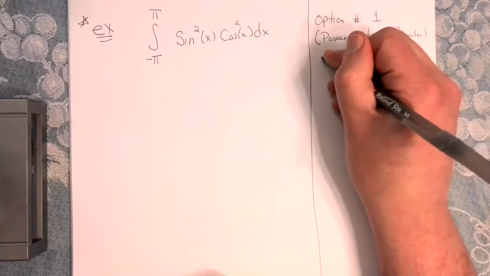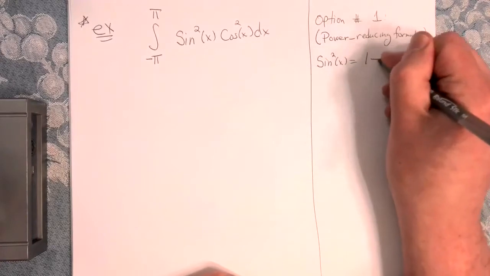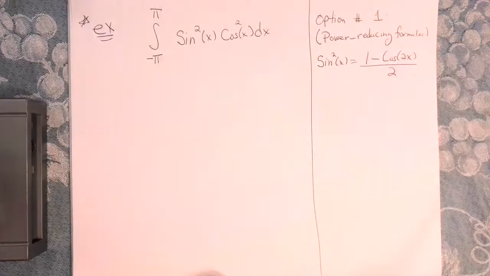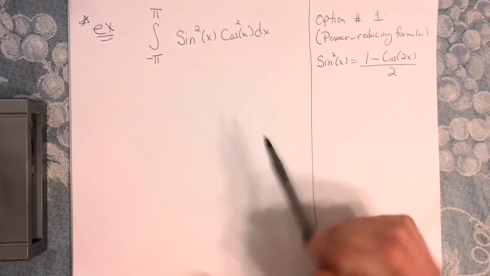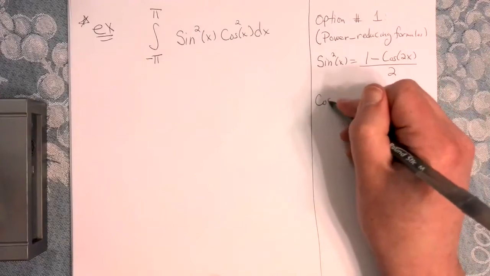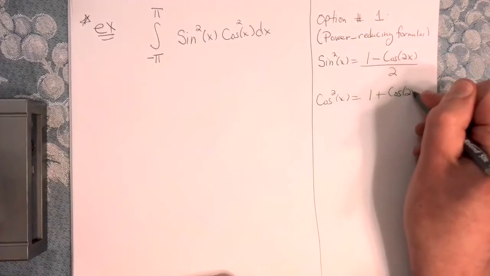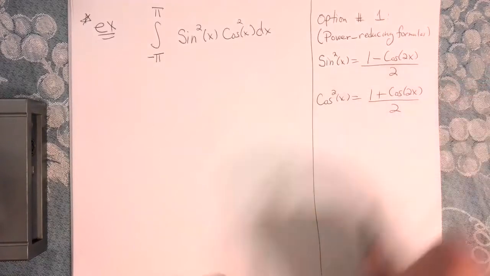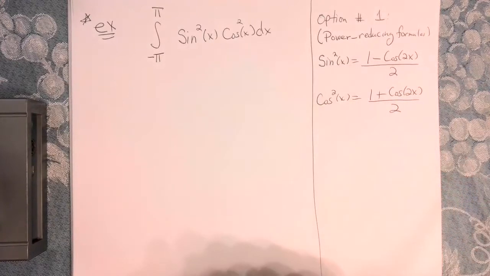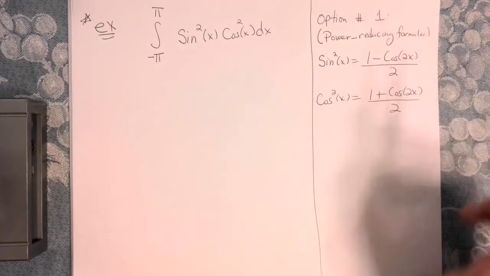So we know that sine squared of x is equal to 1 minus the cosine of double angle over 2. And then we know that cosine squared is just the conjugate of this, right? So cosine squared of x is exactly 1 plus the cosine of a double angle over 2. So that's option one, right? You'd replace both of those, multiply them out, and then you'd have to use a power reducing formula once more, and then you could solve it just fine.